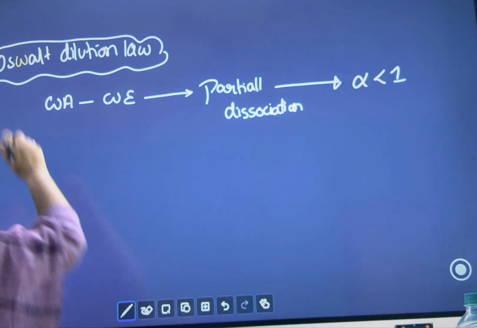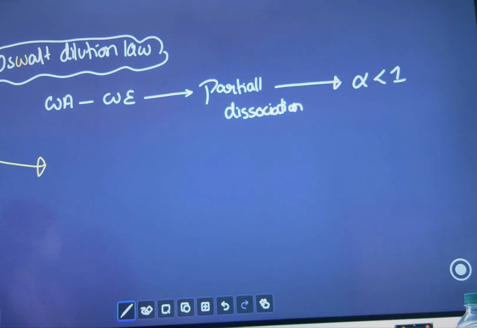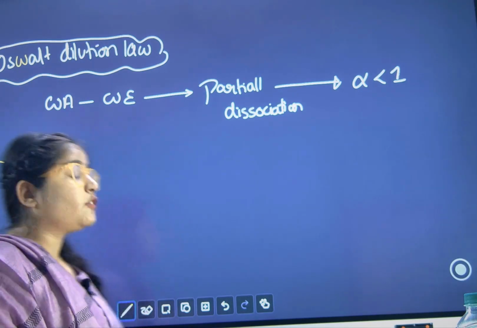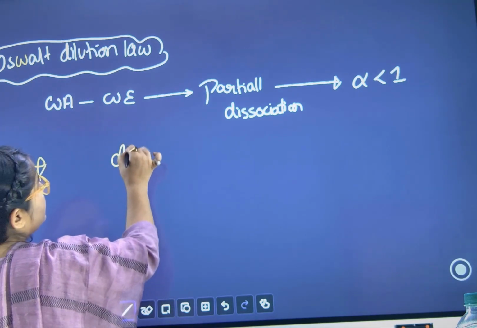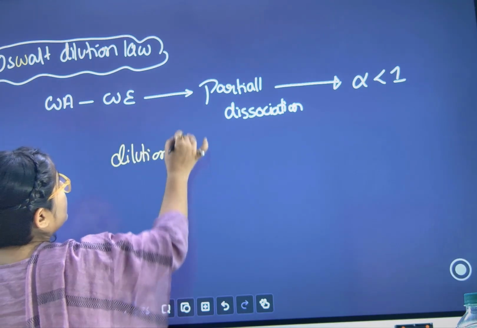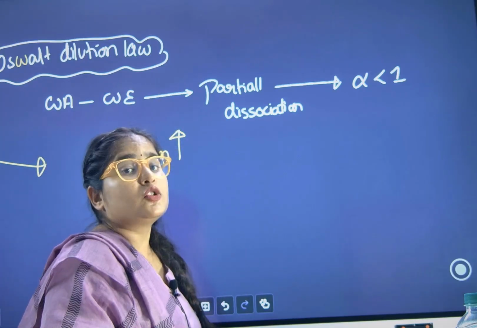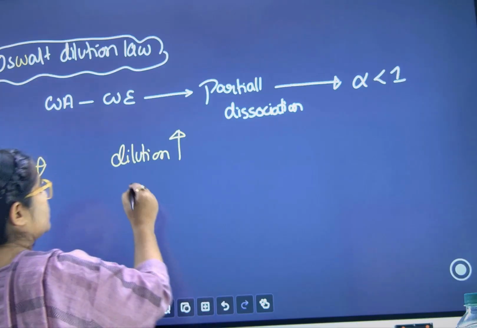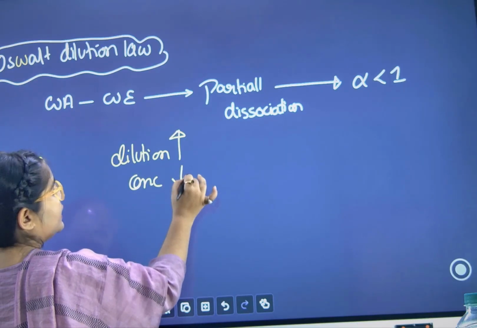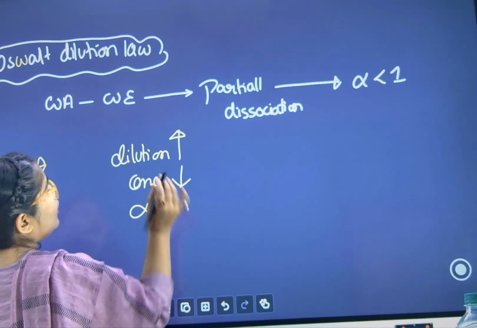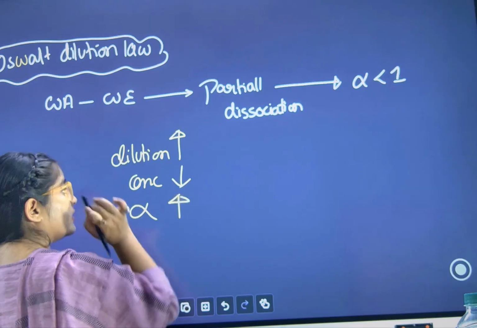So what does the dilution law say? The Ostwald dilution law says that whenever we increase the dilution, dilution meaning we are adding water, the concentration will decrease and the degree of dissociation will increase.